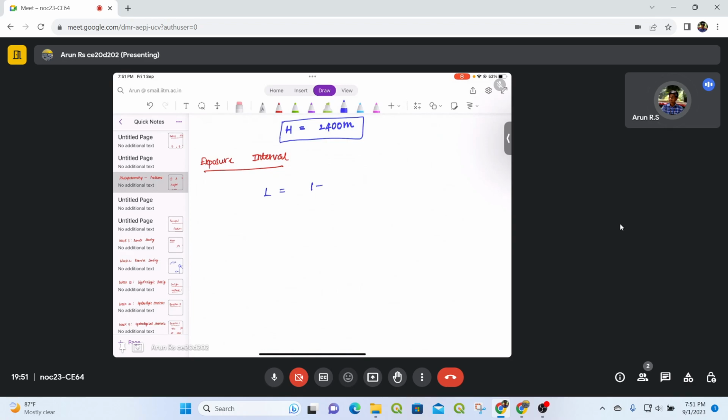So L is equal to (1 minus PL) into S into small l, where PL is 0.7, your scale is 10,000, and small l is the length of the photograph, that is 23 centimeters.